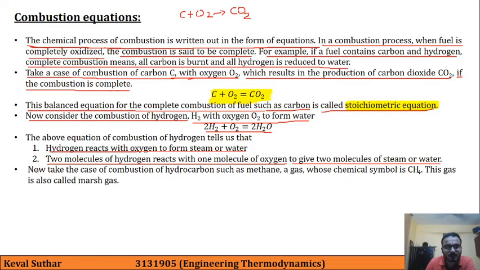Third, now let's take the case of conversion of a hydrocarbon, such as methane, a gas whose chemical symbol is CH4. So here we were having pure carbon or pure hydrogen. Instead of that, now we are having a hydrocarbon, that is methane.